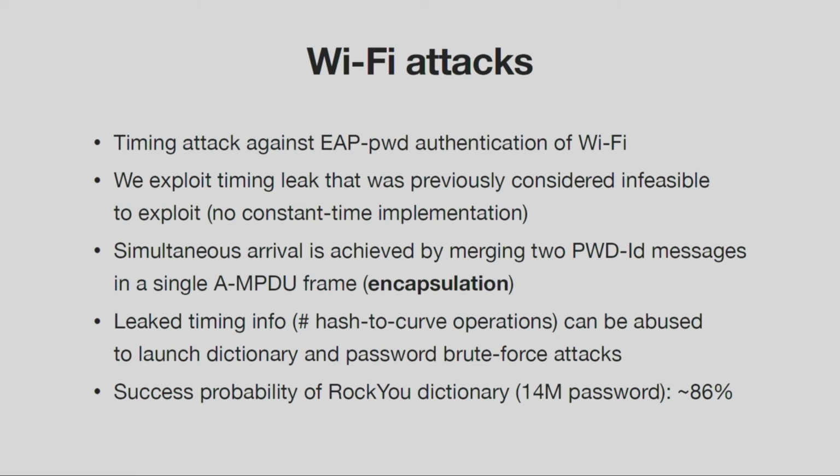People already knew that there was a timing leak in the handshake mechanism there, but because the timing difference was so small, they thought that it was not possible to exploit it. The timing leak was there because they didn't have a constant time implementation. And with these timeless timing attacks, we managed to still exploit this vulnerability.